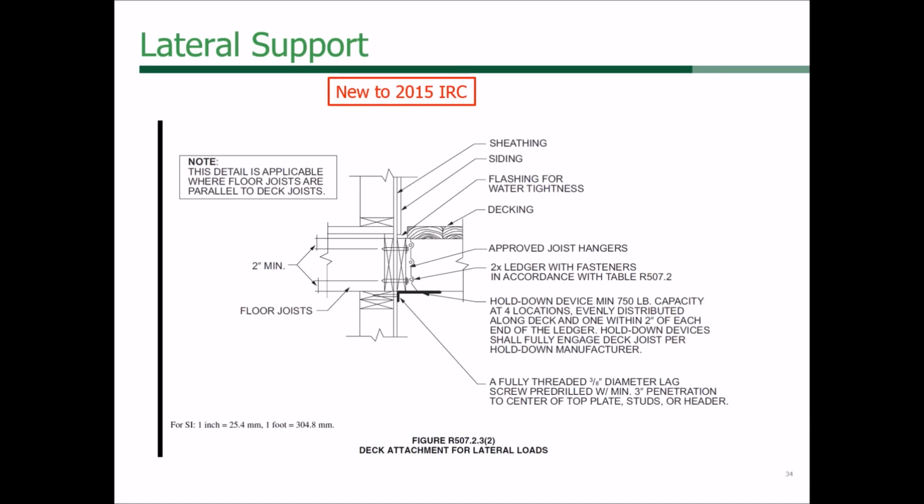New to the 2015 IRC is this detail right here. It's a much simpler and easier-to-install detail where, instead of doing 2 hold-down tension devices at the end of the deck, you do 4 of these little, almost L brackets that go into the top plate of the wall, and they are a lot easier.